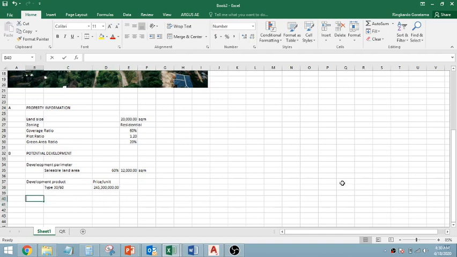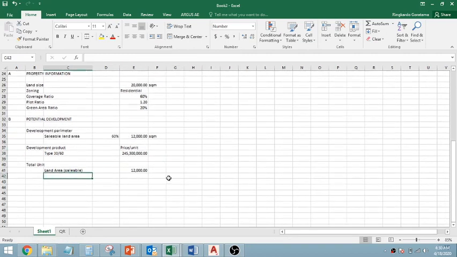How many units will it be? We know the sellable land area is, let's see, this one, right? We can move it here.